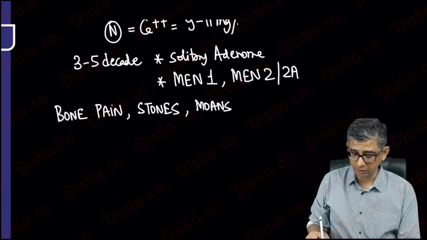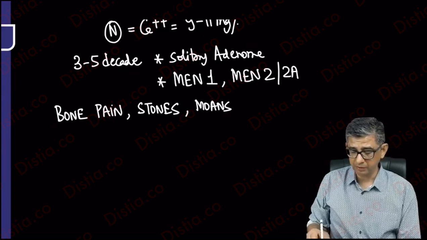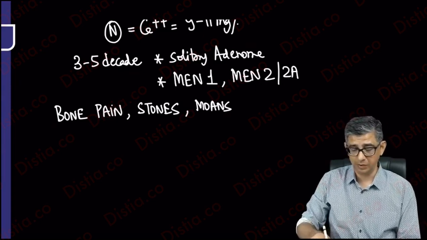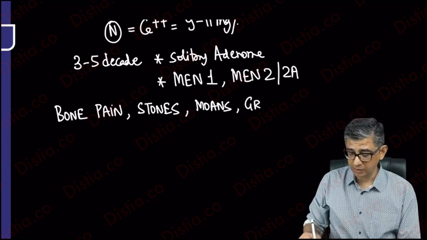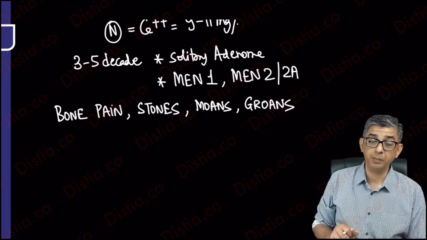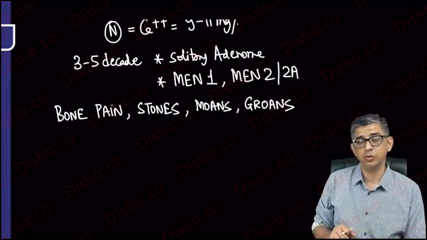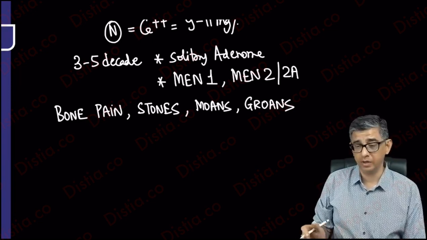So we would be talking about manifestations like depression developing in these patients or frank psychosis developing in these patients. And apart from this, another problem would be abdominal pain. There are multiple reasons for abdominal pain, like you could be having peptic ulcer disease in these patients, or you could be having constipation in these patients. That would explain the groans component in the patient.